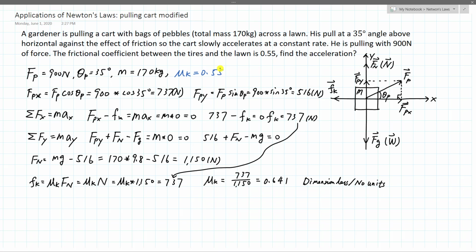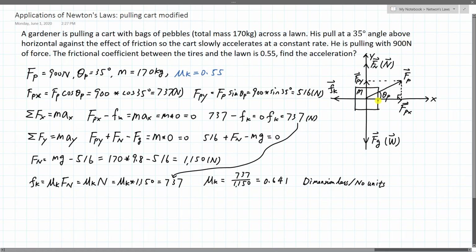So let's take a look at what else needs to change. We drew a free body diagram. This force is still pulling, right? So that still requires the x component, the y component, the angle. It doesn't really mention the exact magnitude or the angle, so even if they aren't the same, this diagram still works for this force. And we still have a normal force up.